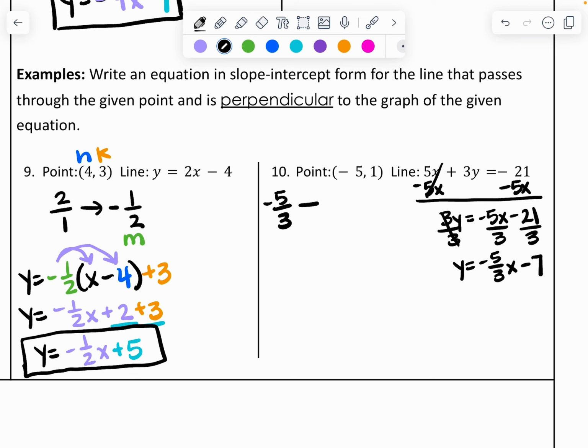So we need the slope to have the opposite sign. So we're going to use a positive slope and flip the fraction. So positive 3 over 5 is going to be our slope. That's m. Now we have h and k. When you subtract a negative number, it becomes positive, so it's x plus 5 plus 1.